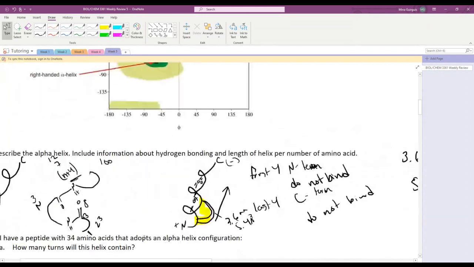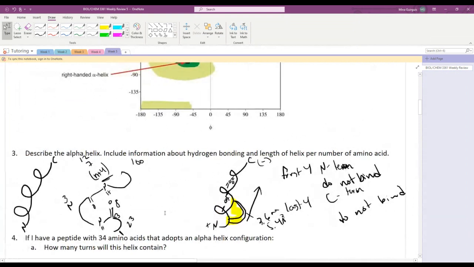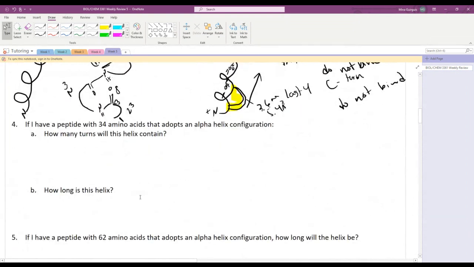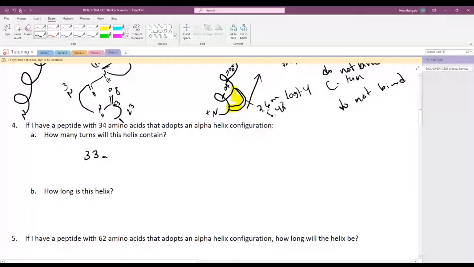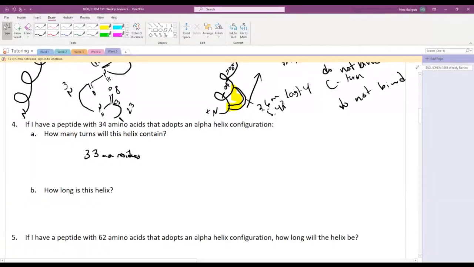All right, so now let's use some of this information to actually do the math. So number 4, if I have a peptide with 34 amino acids that adopts an alpha helix configuration, how many turns will this helix contain, or how many pitches? For this one, I'm going to use 34 amino acid residues, and I know that per every 3.6 residues, we have one turn or one pitch.